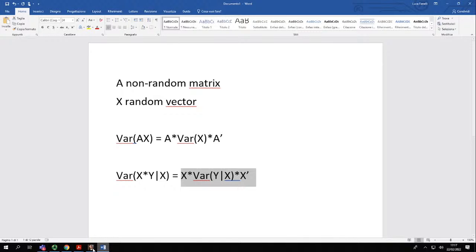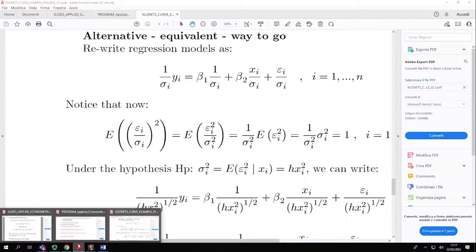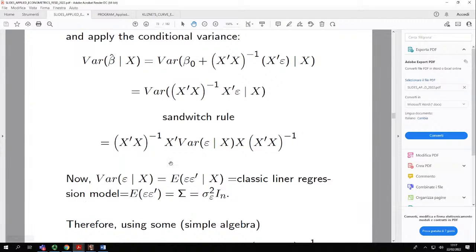This is what I have done exactly here. I have basically a condition with respect to X. I have the X's, so I can shift this term.